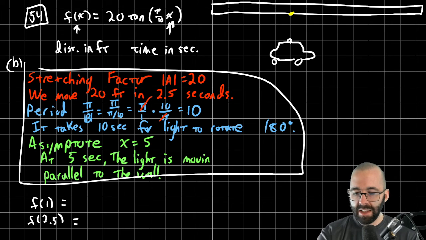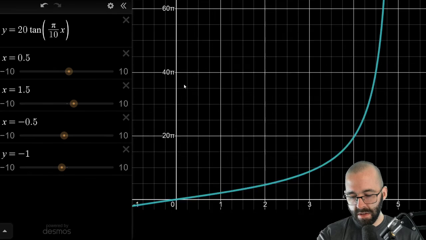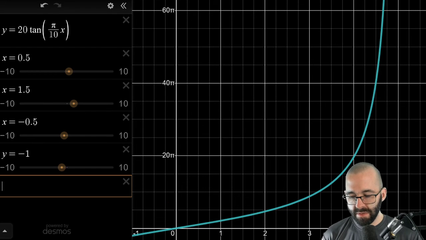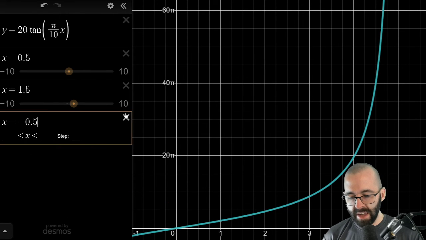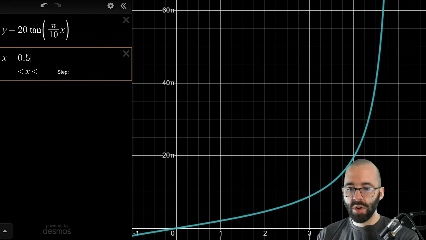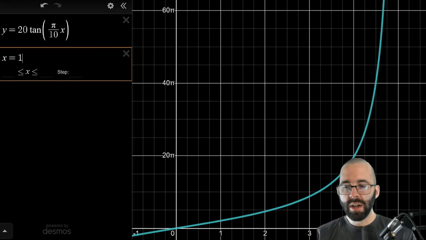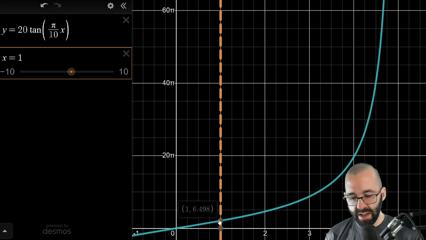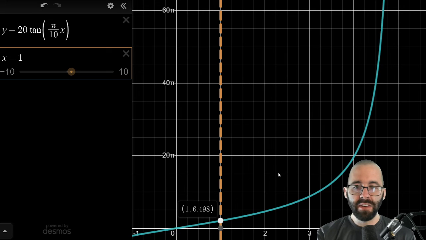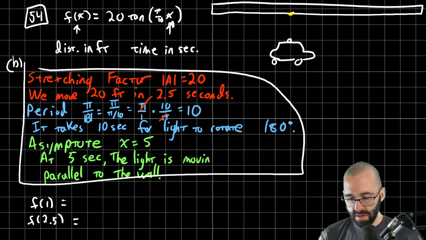So after 1 second, how far are we? There are two ways of doing this. If you want to be really exact, you can go over here and type in x equals 1. Desmos is helpful with that. It tells you right where these things cross. So after 1 second, we're about 6.5 feet along the wall.